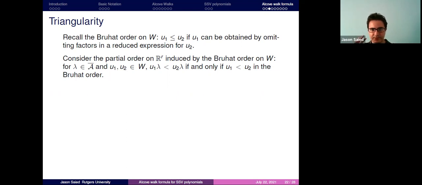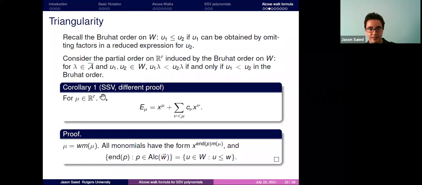So different Weyl orbits are not comparable, but that won't come up. So then what we can see, and this was first observed by Sahi, Stokman, and Venkateswaran, although they didn't use the Alcove walk formula, is that E mu is equal to x to the mu plus lower terms in this ordering.